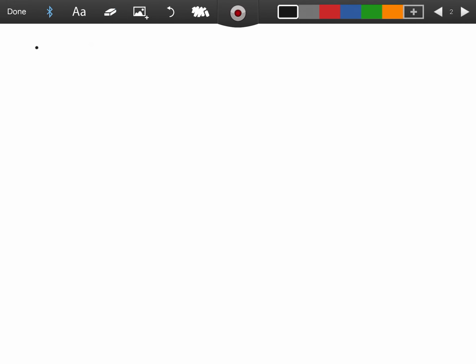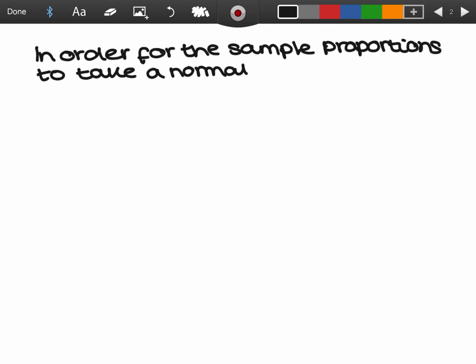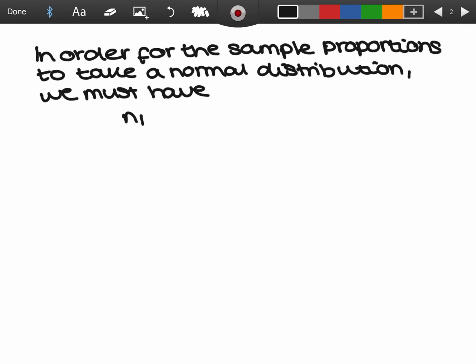So make sure when you do this, I'll write this over here. In order for the sample proportions to take on a normal distribution, we must have np greater than or equal to 10 and n times 1 minus p greater than or equal to 10.